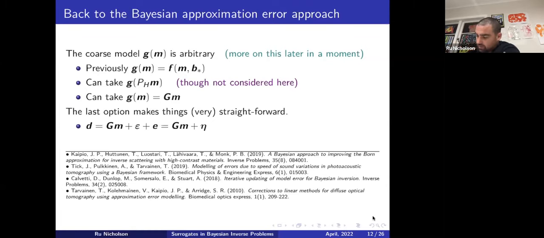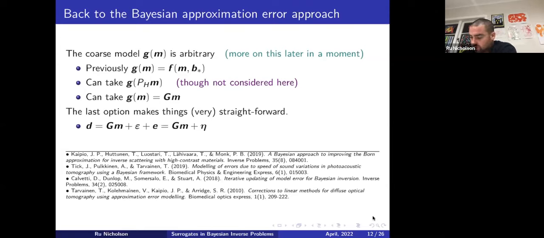As I said in the last example, the surrogate model was essentially the same as the accurate model, just with a fixed conductivity, so we were just using it to marginalize over the uncertainty in the conductivity.